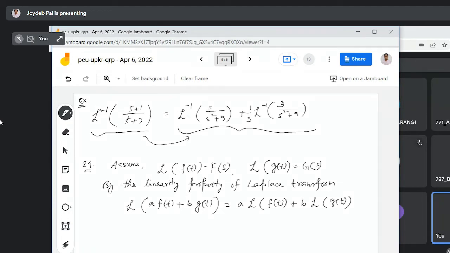Yes, sir. So to prove the linearity property of Laplace inverse, we will use this. Now it is basically a times F(s) plus b times G(s). In that way I can write.